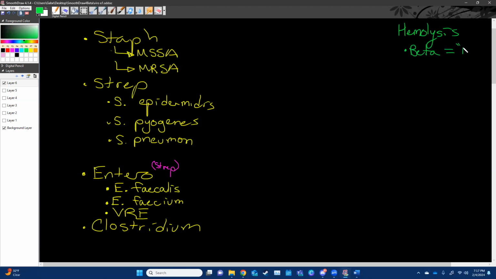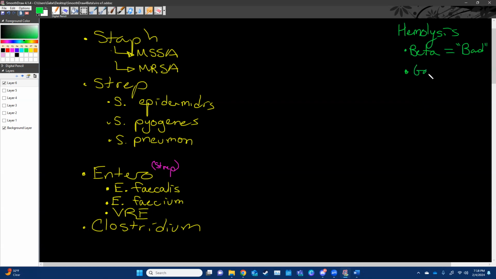I went back to my microbiome notes, and beta is bad. So beta is the kind of bacteria that will eat through the lining of the throat and cause really, really bad sore throat, stuff like that. What is partially complete hemolysis?